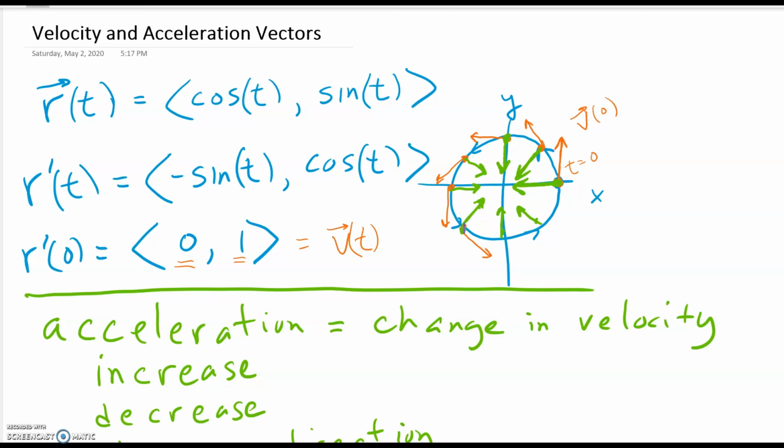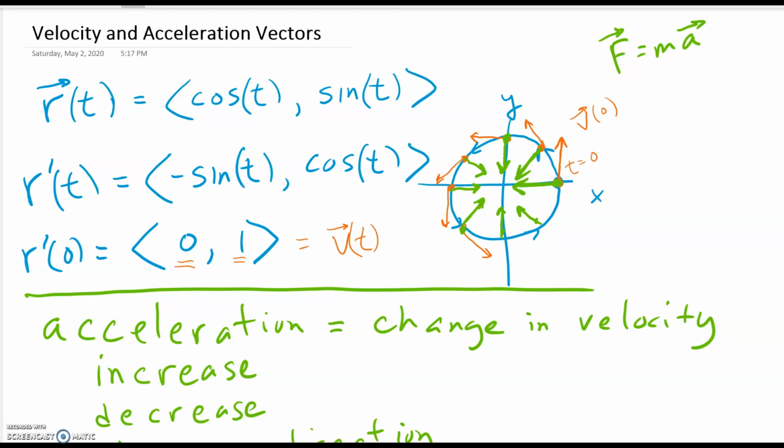All right, now think of acceleration this way. Acceleration is proportional to force, because we know from Newton's second law of motion, force equals mass times acceleration. In terms of vectors, the force vector is the mass, which we'll just assume to be constant for this, times the vector acceleration.